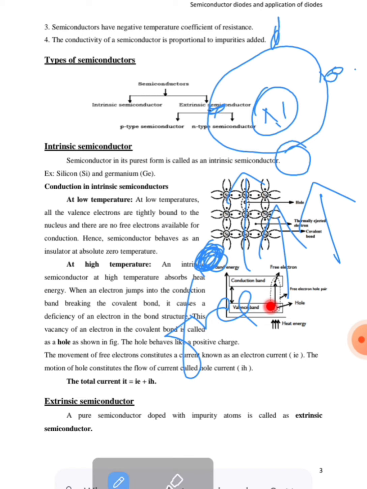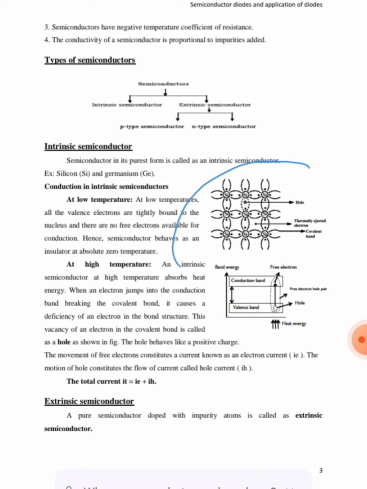Any other free electron can get attracted towards this empty space. If you look into the crystal lattice structure of these semiconductors, the deficiency of electrons in the covalent bond creates a hole which is positively charged, and this hole might attract a nearby electron.